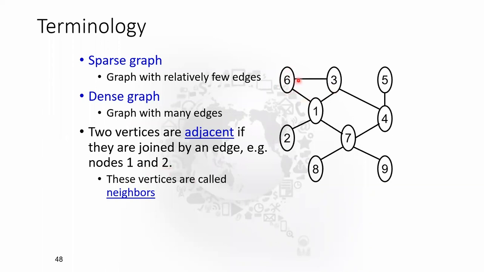The adjacent nodes would be 3 and 1, because they are the neighbors in the neighborhood of 6. But for 1, it would be 6, 2, 3, and 7, because it has lines connected to each of them. But for 8, it is only adjacent to 7. It's not adjacent to 2. Why? Because there is no edge connecting the two nodes.